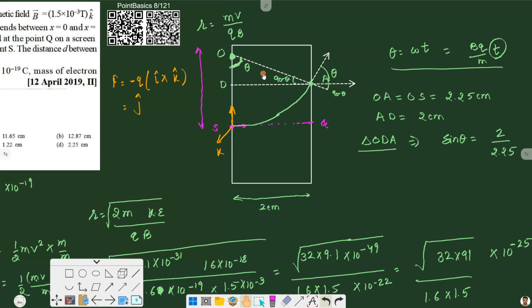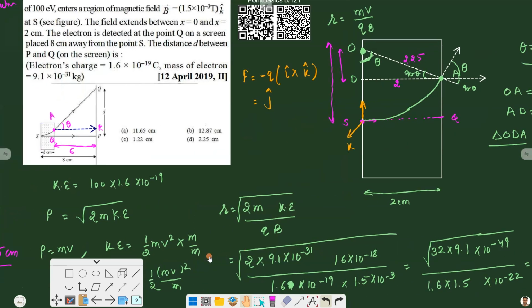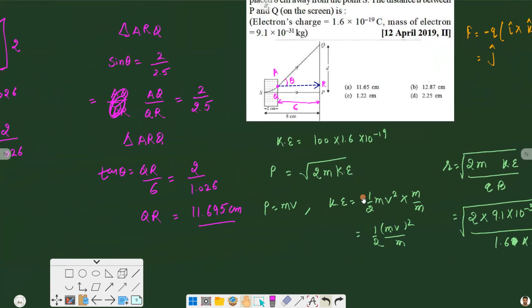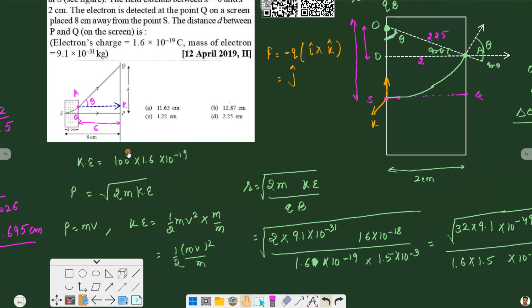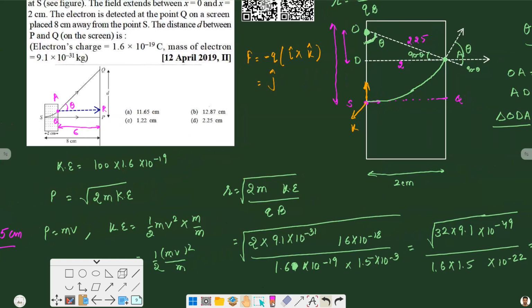So yes, using Pythagoras, as we know that this side is 2.25 and this side is 2, our base will be the square root of 2.25 square minus 2 square, that we just solved here, and it will be 1.026. So our AQ will be radius minus 1.026.